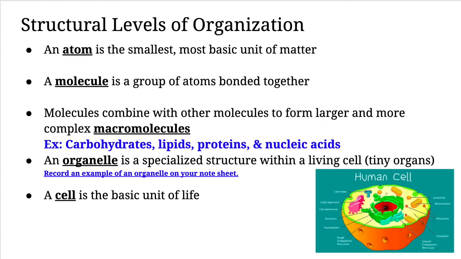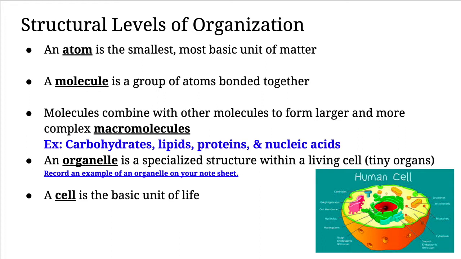If we put macromolecules together, we can make organelles. Organelles are just specialized structures that we would find inside of a cell. There are lots of different organelles, and those are different based on whether it's an animal cell or a plant cell, for example, or a prokaryote or eukaryote, if you remember those terms.